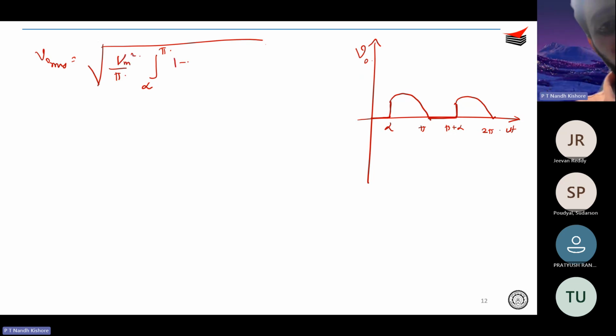So sine square omega t is 1 minus cos 2 omega t by 2 times d omega t.